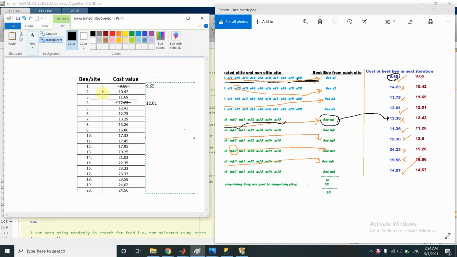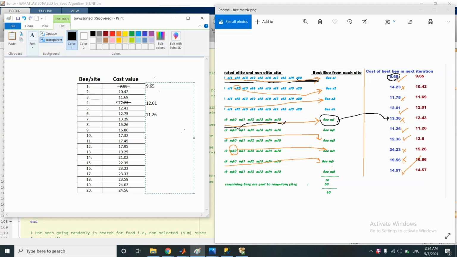So this is the cost matrix, and as we can see, the sixth, seventh, and 10th values are found to be better, so we will update them. So the fifth value won't be updated, but the sixth value will be updated as 11.26.